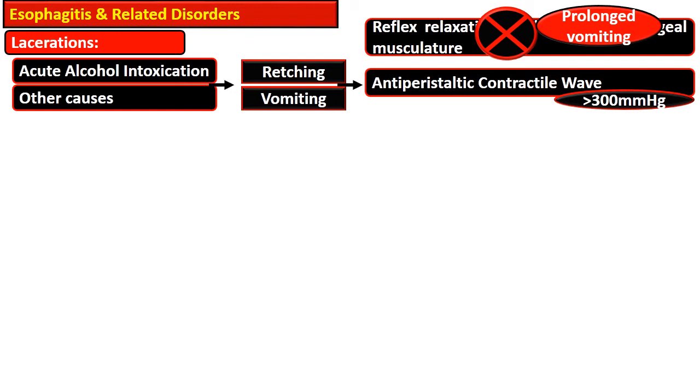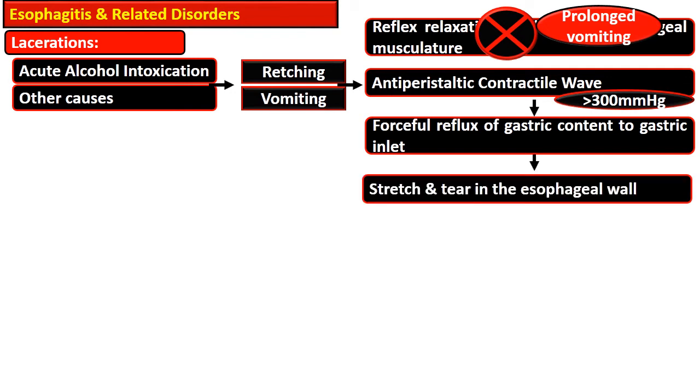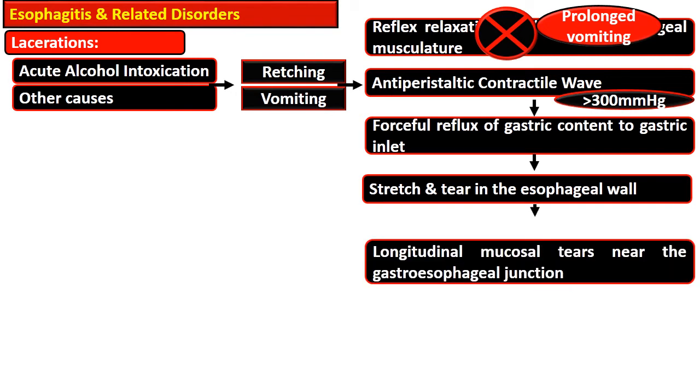This pressure may go above 300 millimeters of mercury, imparting forceful reflux of the gastric content to the gastric inlet. Due to increased pressure at the gastric inlet from the gastric content, a stretch and tear is developed in the gastroesophageal wall.